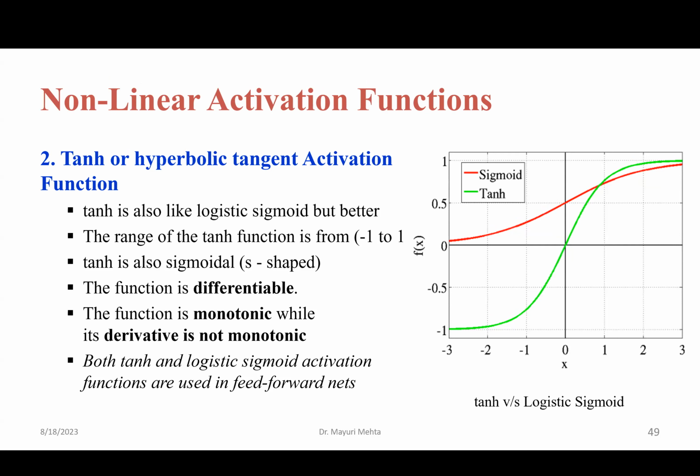What is the range of sigmoid? We just discussed, 0 to 1. And what is the range of this? As you can see in the figure on the right side, -1 to 1. So instead of 0 to 1, it supports -1 to 1. The advantage is that negative inputs will be mapped strongly negative and zero inputs will be mapped near zero in the tanh graph.